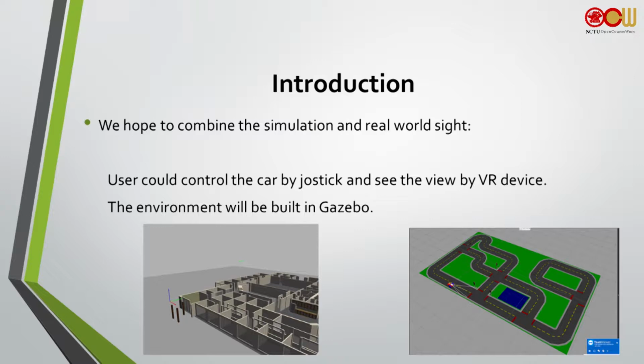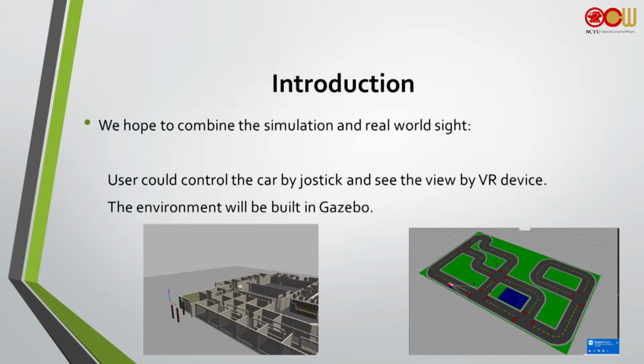The final project we want to do is to combine the research direction of mine and Monica's. And it is about, I think maybe you have played some PS games or VR games. And I hope to build something like a game you can play in the real world and see the view in the virtual world.